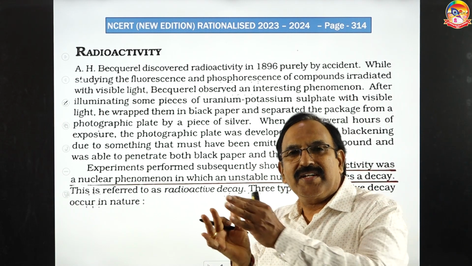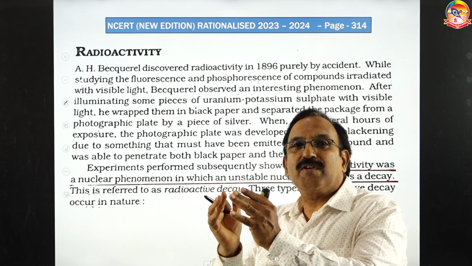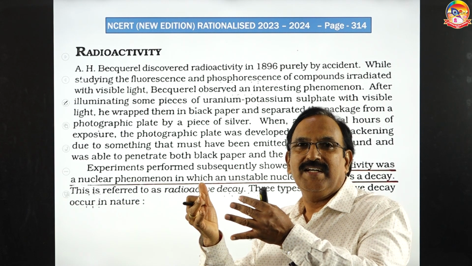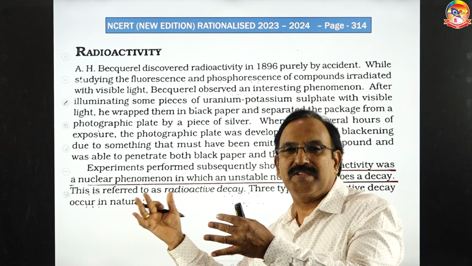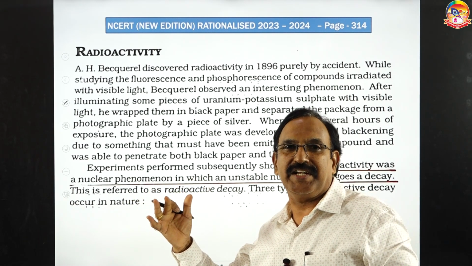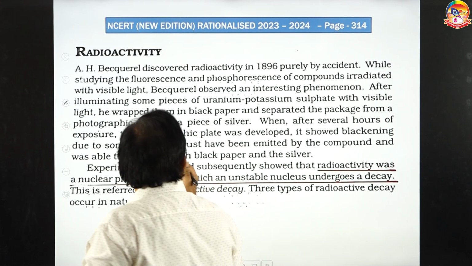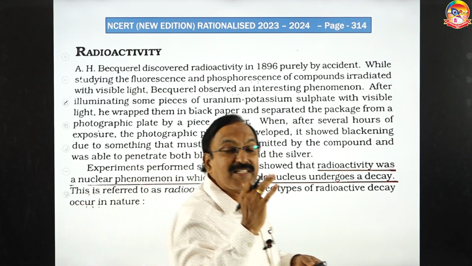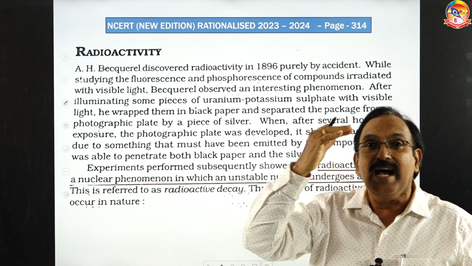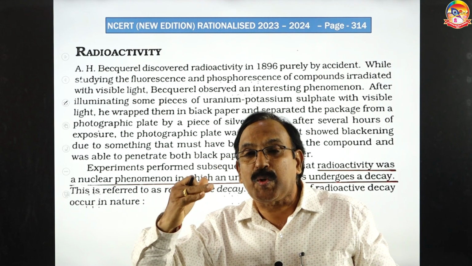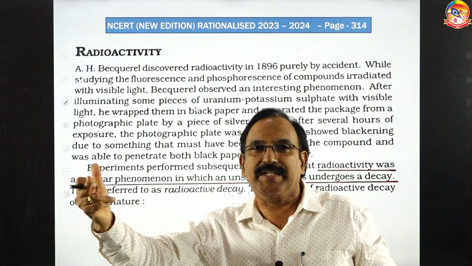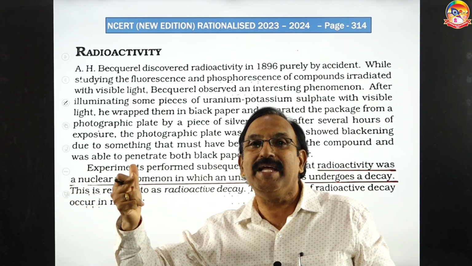For some nuclei, because of more protons in comparison to the number of neutrons, they undergo decay and disintegration. That made them think that some atoms or some nuclei are radioactive, so they may be unstable.